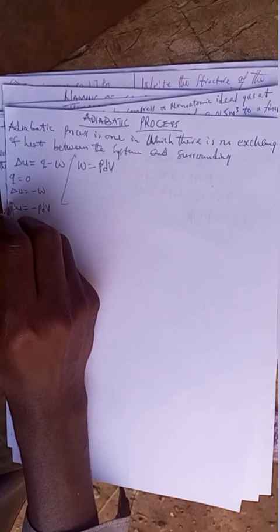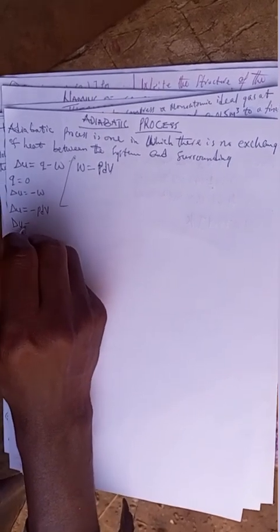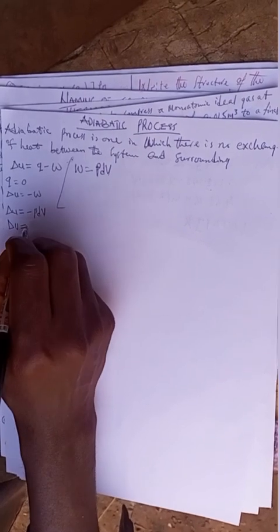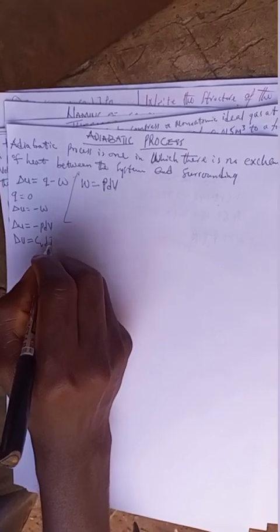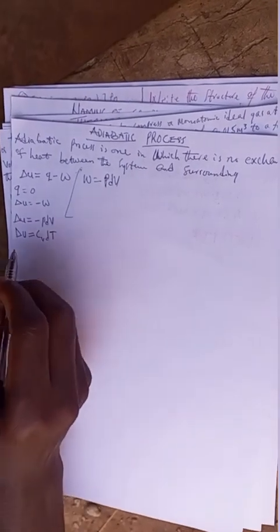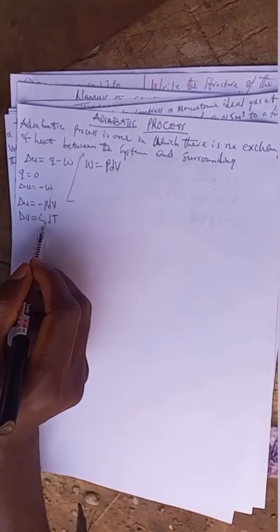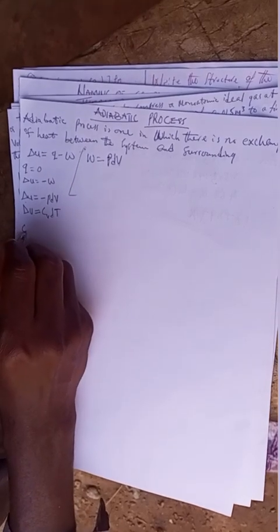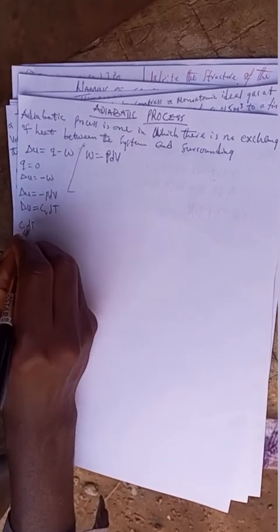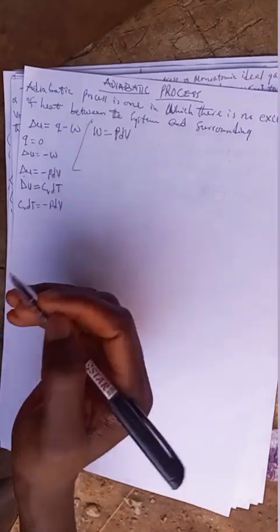And also, delta U, which is internal energy, is equivalent to CV dT. Now, instead of writing delta U, I'll substitute this CV dT for delta U. That will now be CV dT is equal to minus P dV. So if you like, you can start naming your equations one after the other.